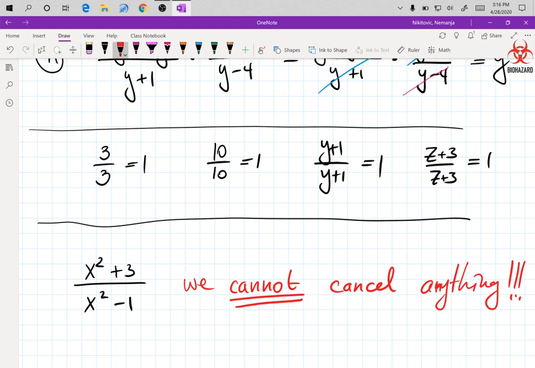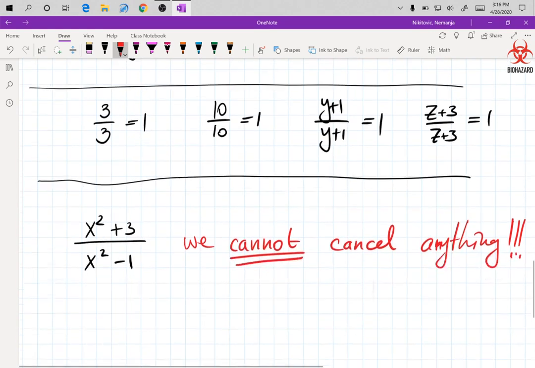There's nothing you can do. You will say, but wait, you have x squared on top and x squared on the bottom. Yes, we do have x squares, but they are added to 3 and subtracted 1, so they are different terms. They cannot cancel.